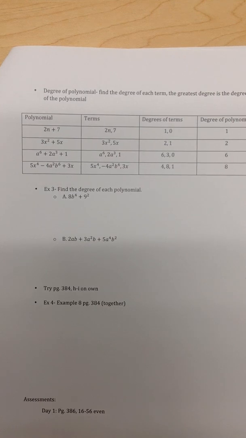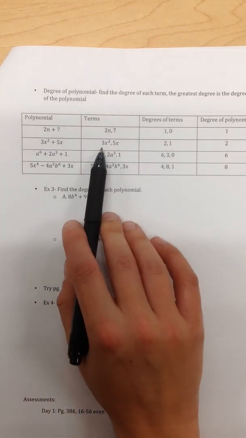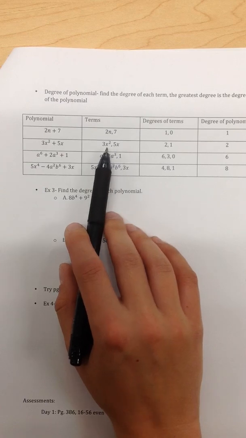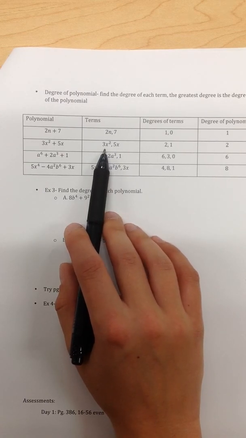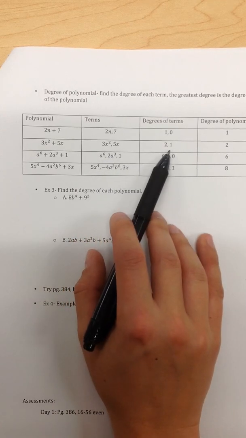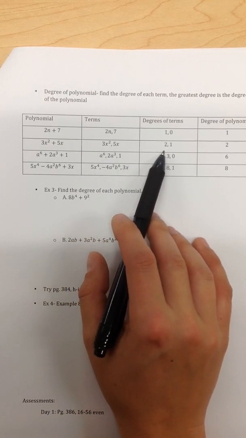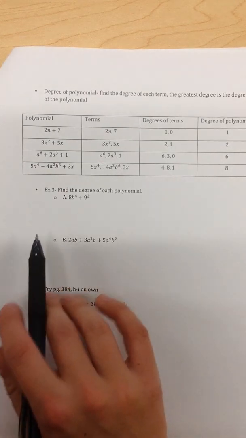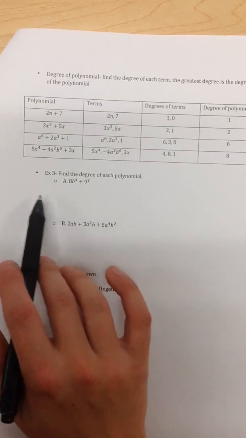Same thing with the next one. So we've got 3x squared plus 5x. So our two terms there would be 3x squared and 5x. So when we're figuring out the degrees, x is to the power of 2 here, so that's a degree of 2. x is to the power of 1 there, so that's a 1. So the biggest of those two would be the 2, so that's our degree of the whole thing. Same thing happens here.